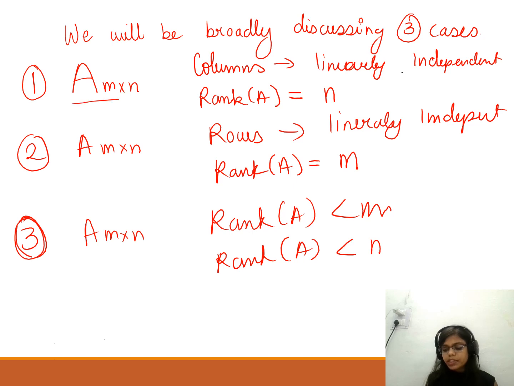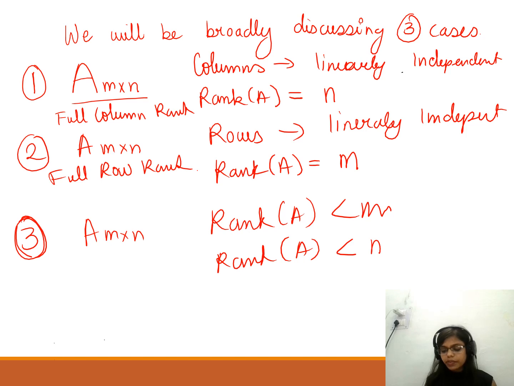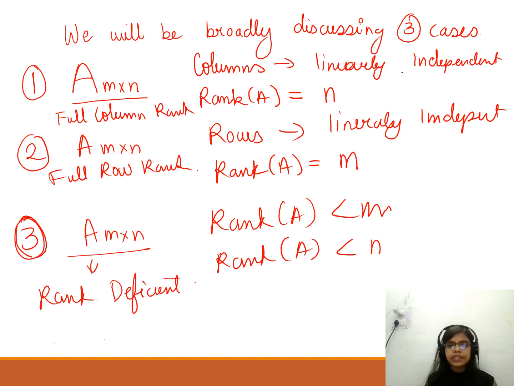So the first matrix is called a full column rank matrix, and the second type is known as full row rank matrix. And the third one is simply called rank deficient matrix. So we're gonna see how we can define a pseudo inverse for all these three cases.